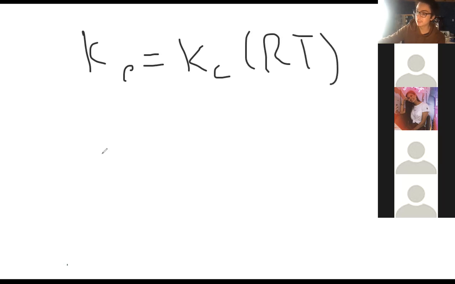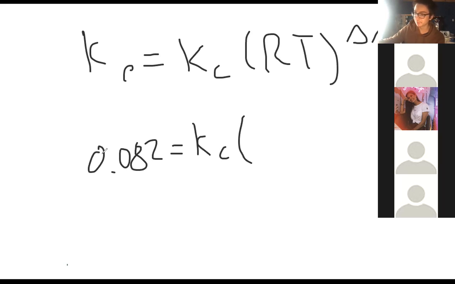So Kp we already have. So let's write our equation up here. RT to the delta n. So we have Kp, 0.082. We're looking for Kc. R is given to us, 0.0821.